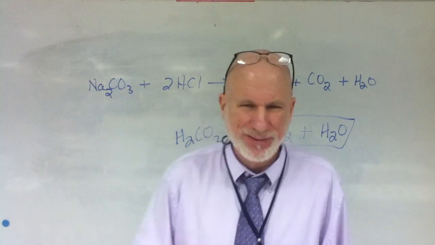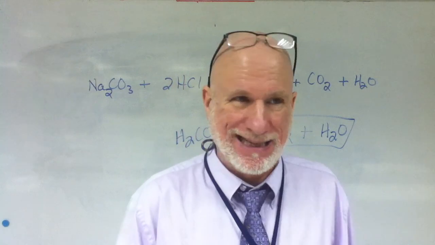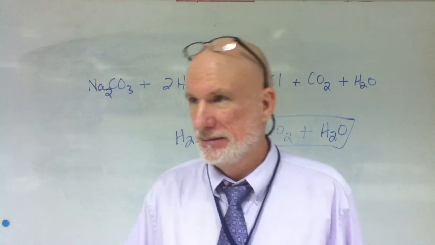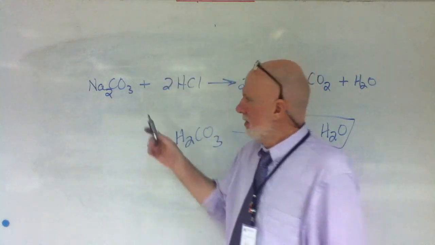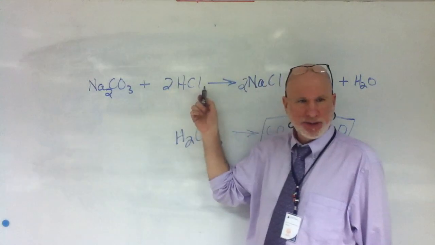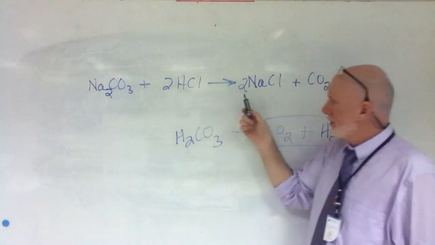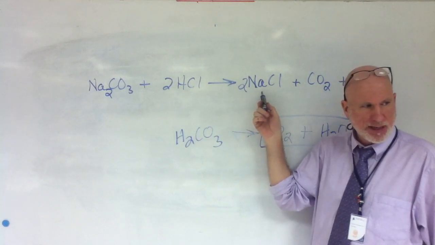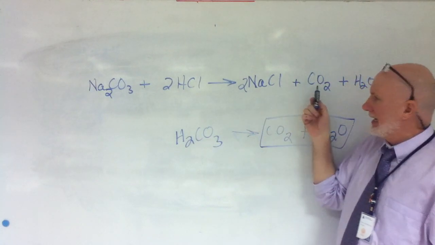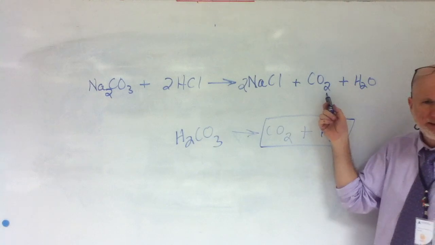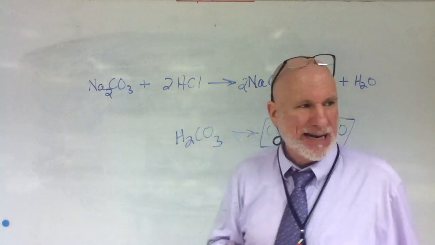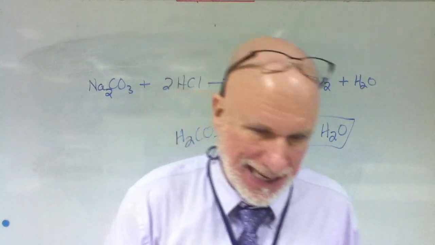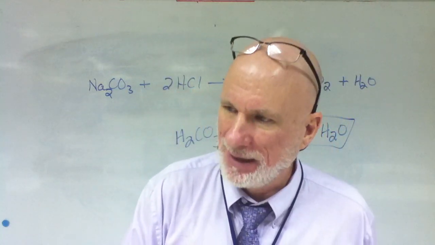A weak acid oftentimes is a ternary acid that we've done. Salt of a weak acid plus a strong acid yields the salt of the strong acid plus an acid anhydride plus water. What's an acid anhydride? An acid anhydride is a non-metal oxide.